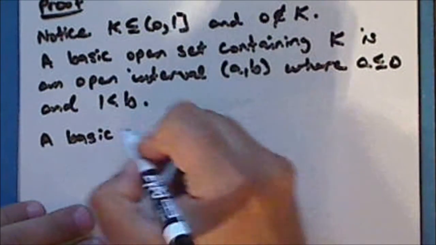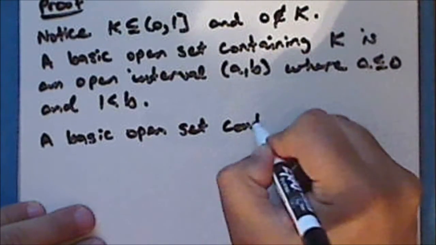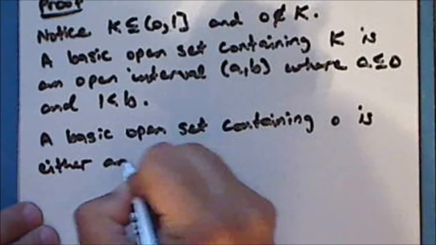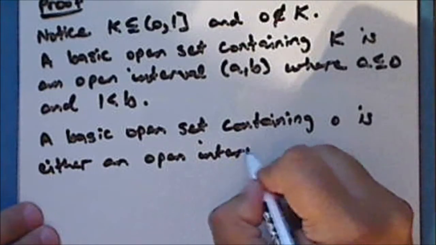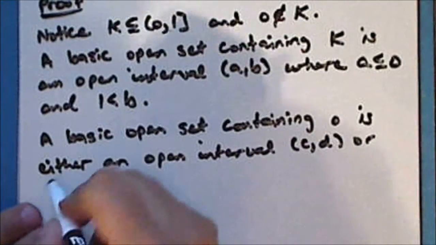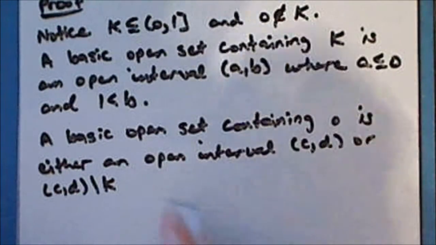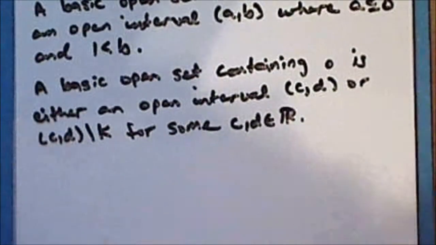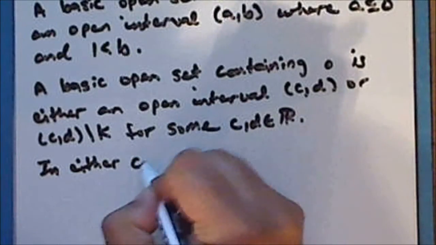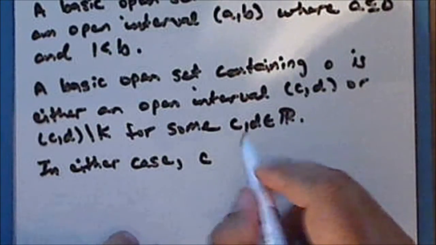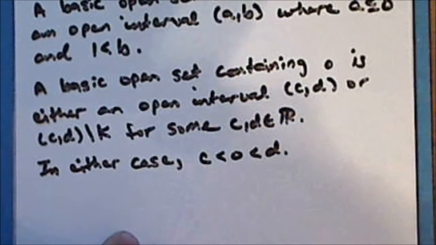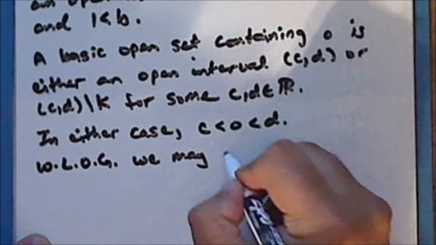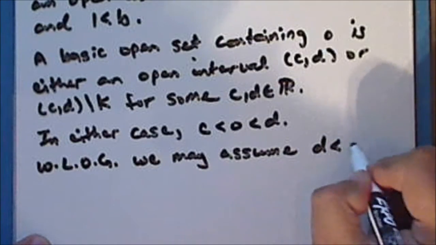Now a basic open set containing the number 0 is either an open interval from C to D, or the relative complement of the set K in the open interval from C to D, for some real numbers C and D. In either case, C is less than 0, which is less than D. Now, without loss of generality, we may assume that D is less than 1.